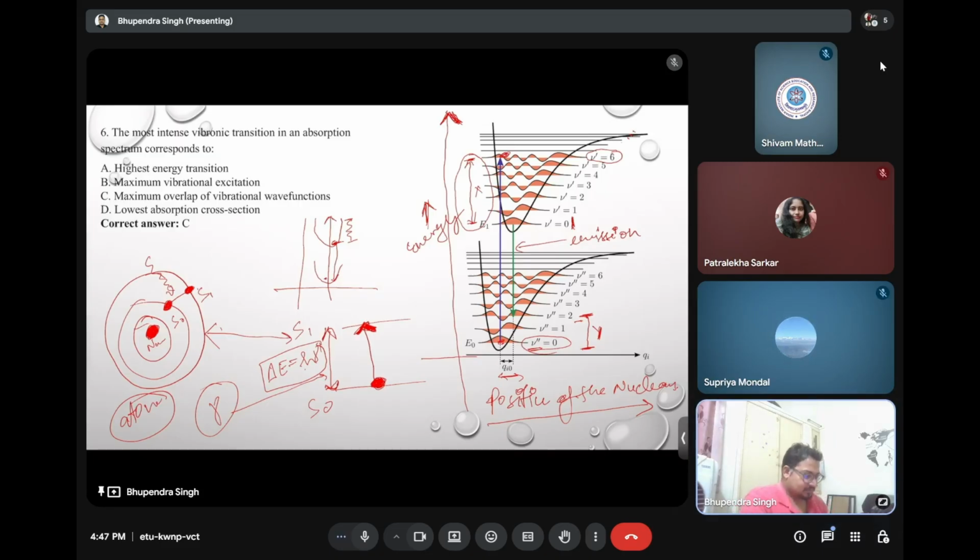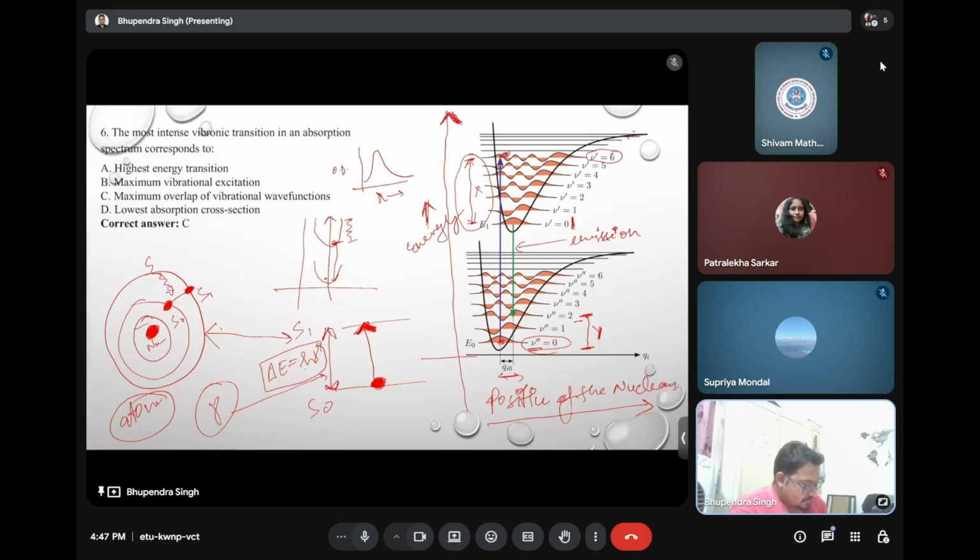So if this is your absorption, this is OD, this is wavelength, right?